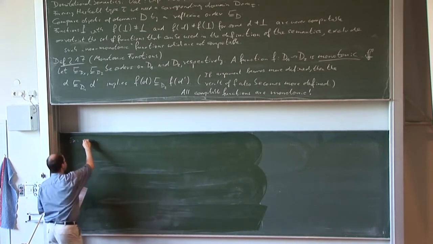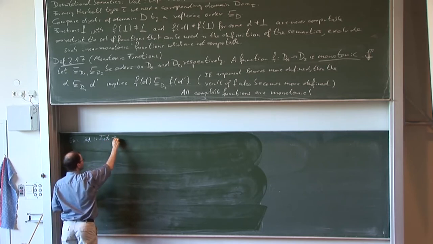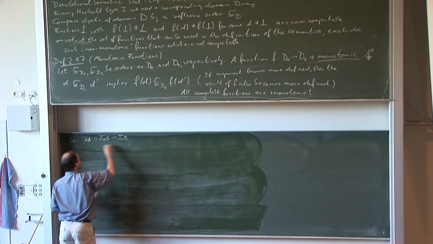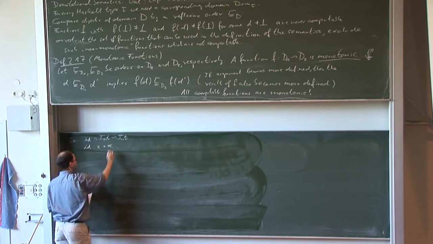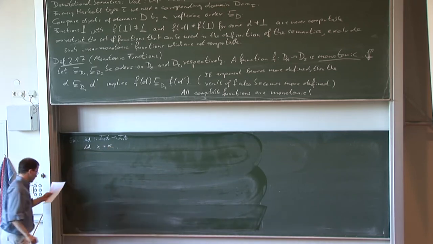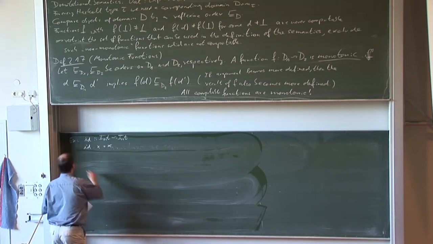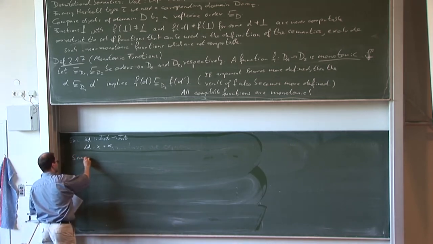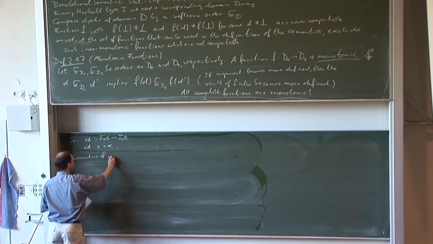And the example is the identity function on integers. If I write it down in Haskell, it looks like this. It goes from Int to Int, and id of x is x. Now, what should be the semantics of it?